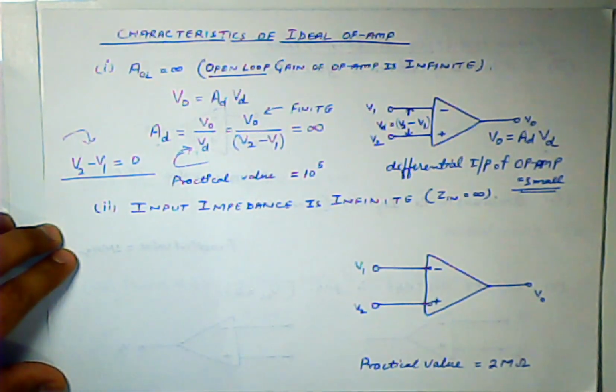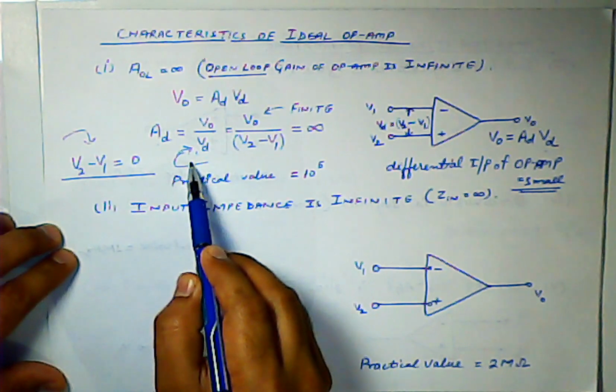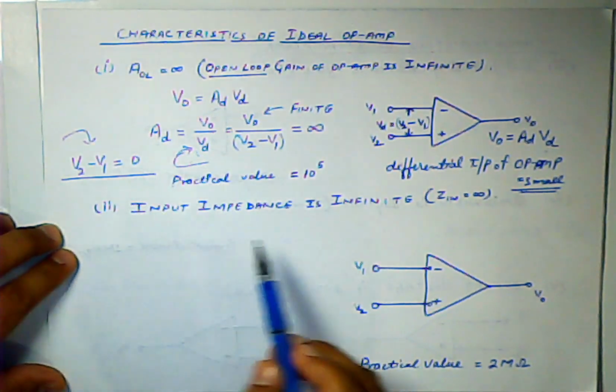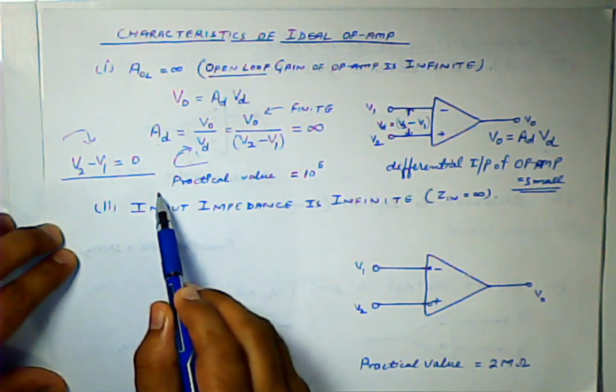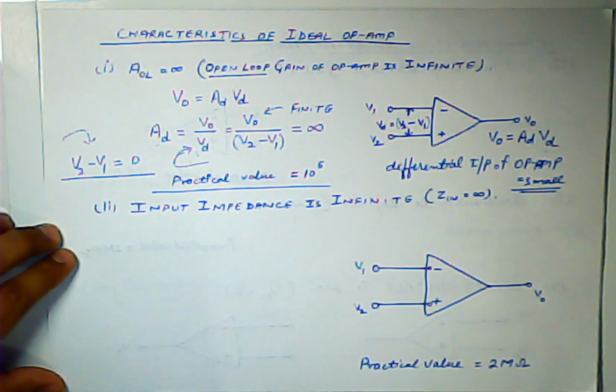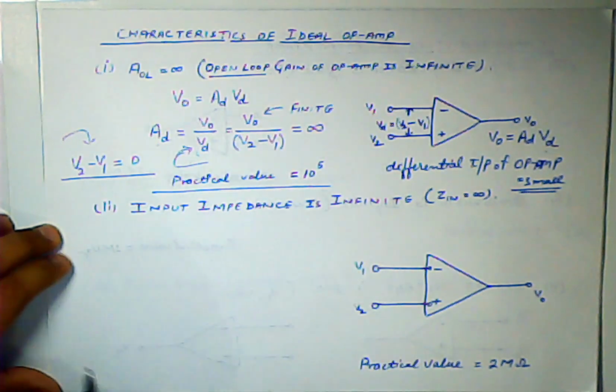We have to apply a very small value of differential input in a practical op-amp. Ideally this differential value should be 0. What is the practical value of this gain for op-amp IC 741? It is in the range of 10 raised to the power 5.